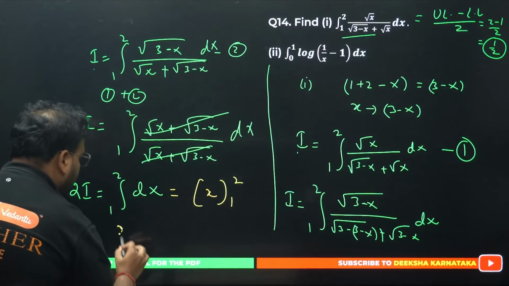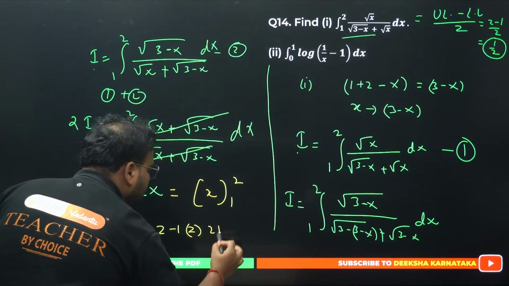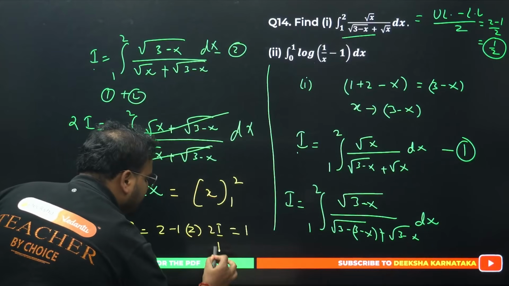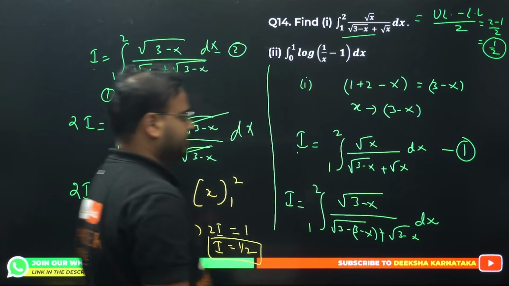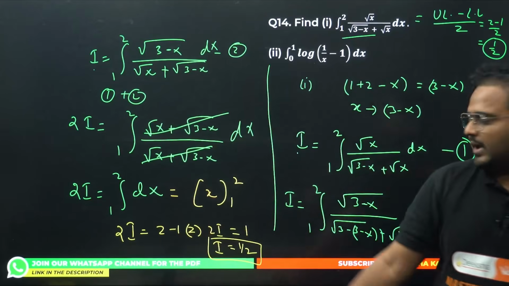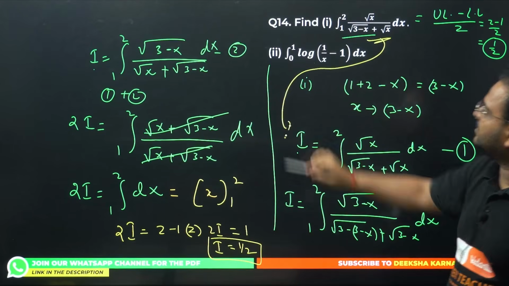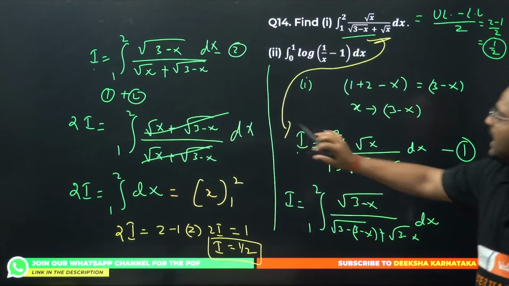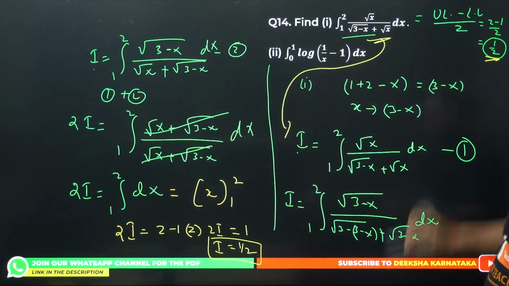I'm getting 2I equals 2 minus 1, so 2I equals 1. It means my integration I is nothing but 1 by 2. Done or not? Why I, sir? Because I've taken this as I only. It means this integration's value is coming out as 1 by 2.